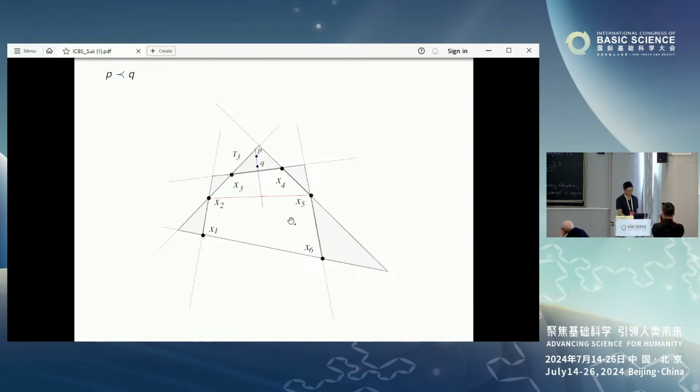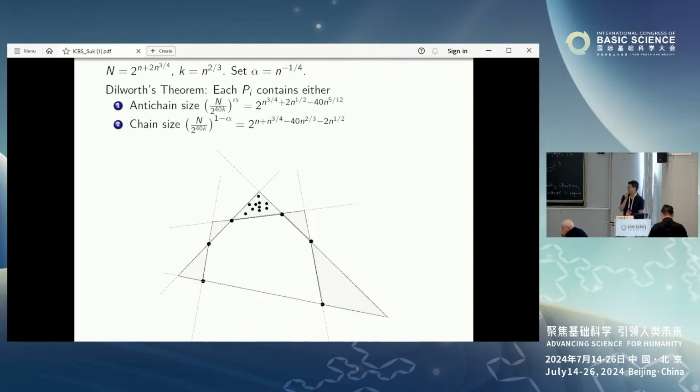It intersects this red segment down here. And P and Q are being generated by them down here. So I have of T3. I defined a partial order.